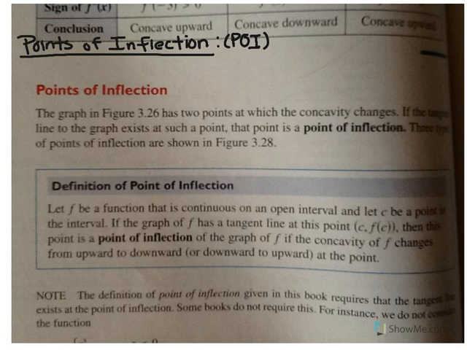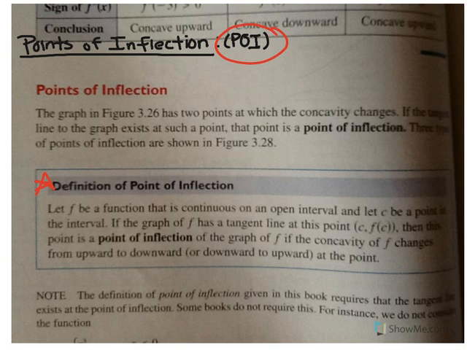And then this leads us to talk about what's called points of inflection, which, if you look at the very top, you can see my handwriting, and I abbreviate this as POI, so I don't have to write out the whole thing. But let's take a look at the definition of point of inflection right down here. It says, first let f be a function that is continuous on an open interval, and let c be a point in that interval.